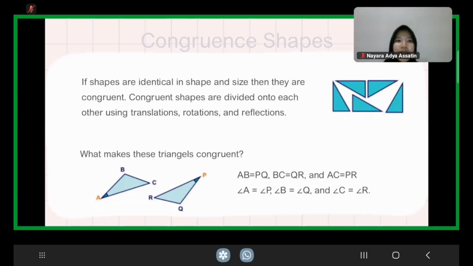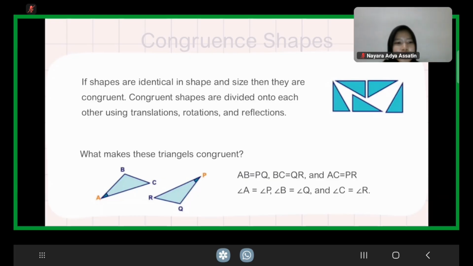Okay, now, congruent shapes. If shapes are identical in shape and size, then they are congruent. Congruent shapes can be mapped onto each other using translations, rotations, and reflections.